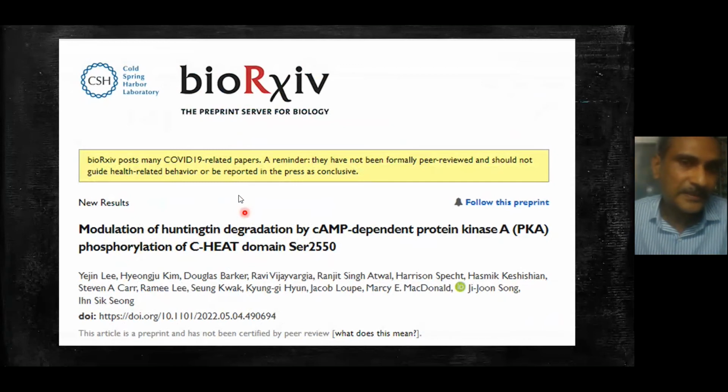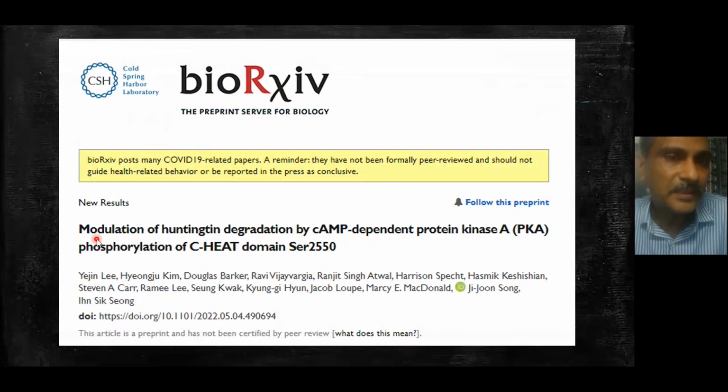Here you can see one of the phosphorylation sites, a post-translational modification which we had determined using the purified protein. In this paper we are describing the role it plays. It is very important for Huntingtin degradation, through cAMP-independent protein kinase A phosphorylation of this site.